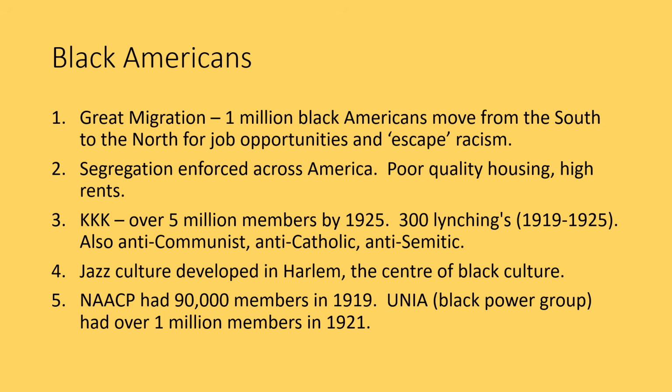Now, coloured is not a term that we would use today, but back in the early 20th century it was a very common phrase, and it has still been maintained as part of that name there. And the NAACP was established by a gentleman called W.E.B.